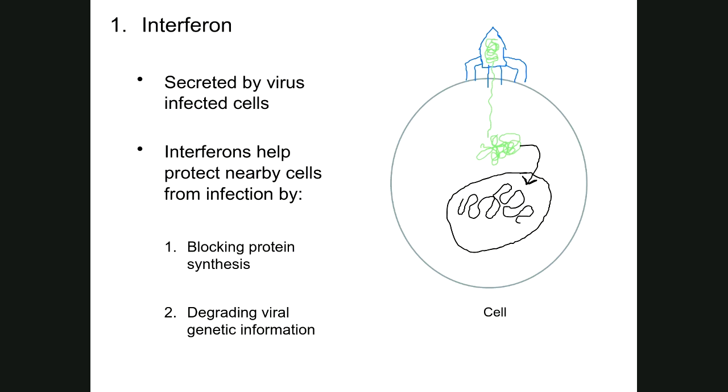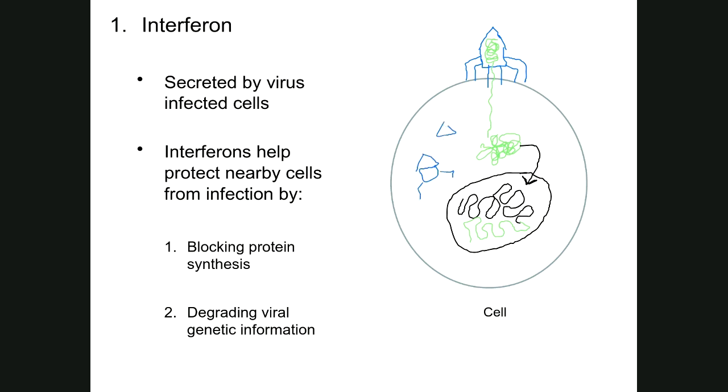So I'm going to draw here my representation of DNA that's in your nucleus. Well, what happens when this viral DNA gets introduced into the body is it goes into the nucleus and it actually inserts itself, it attaches itself to your DNA. So I'm going to draw my representation of that here. And then when your nucleus is reading your DNA and from that producing proteins, it's going to read viral DNA and it's going to start producing viral proteins.